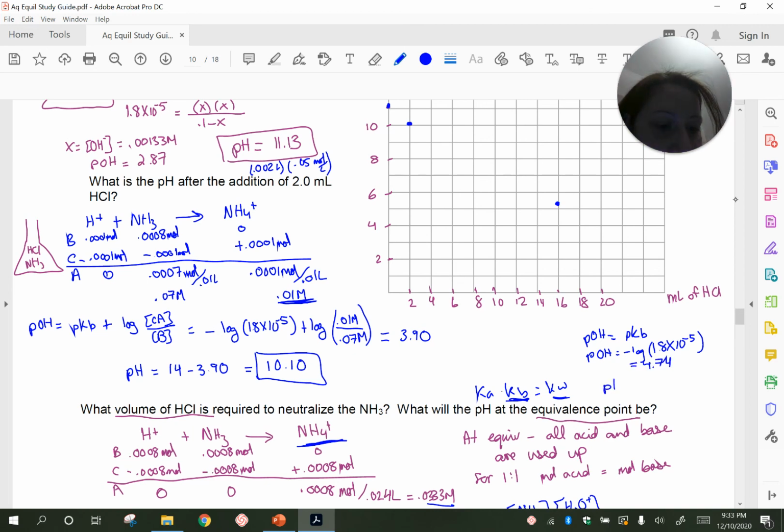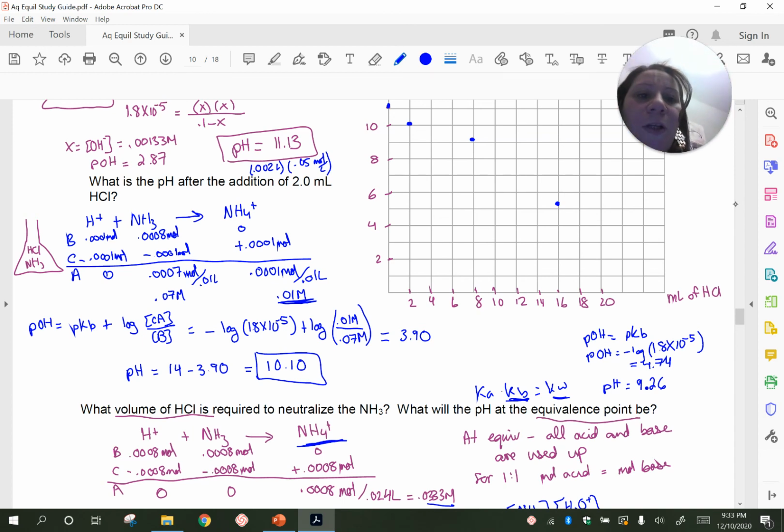And so if I want the pH, it's going to be 14 minus that, which is 9.26. And so at 8 mL, I'm going to mark 9.26.